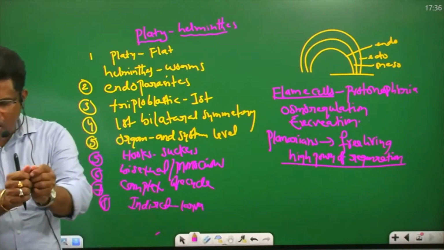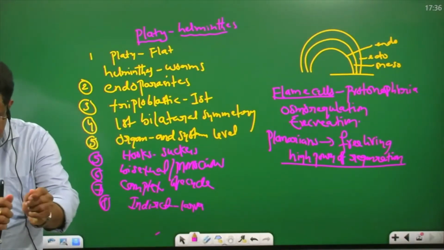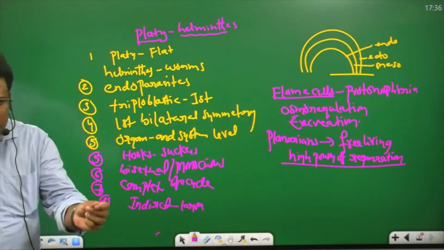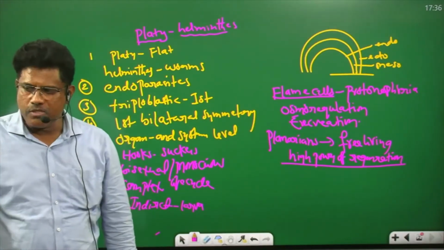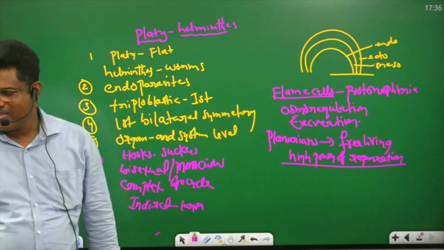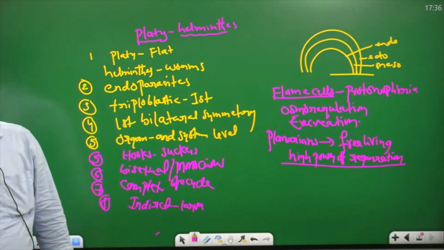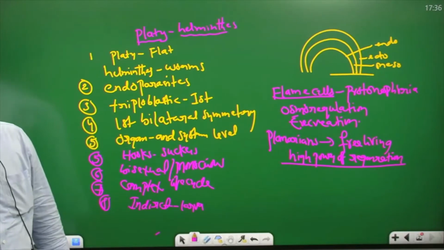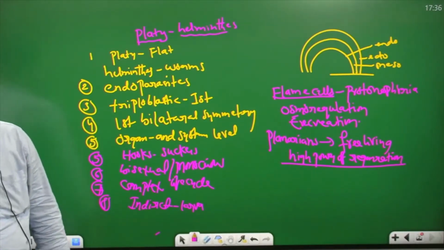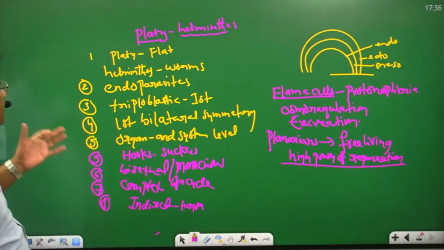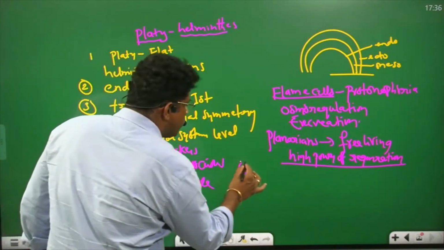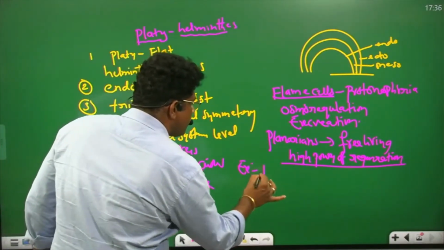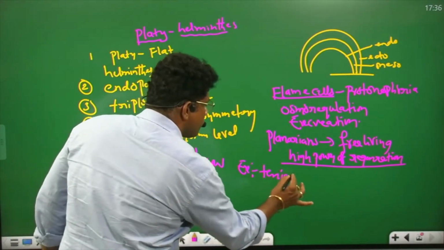If the body is cut into pieces, each piece develops as a new organism. That is the capacity, the regeneration power. For example, what is the example for platyhelminthes? Taenia solium.